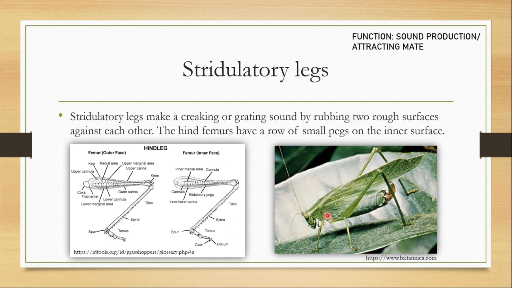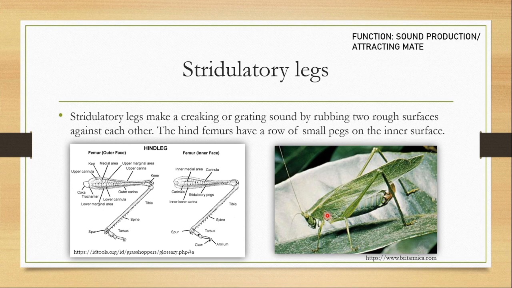Usually, male crickets make the sound, which is also known as the cricket song, to attract mates. The females perceive that sound and they are attracted to the sound-making males.